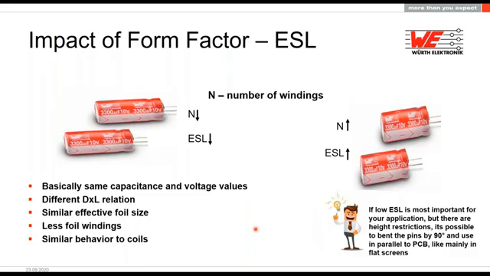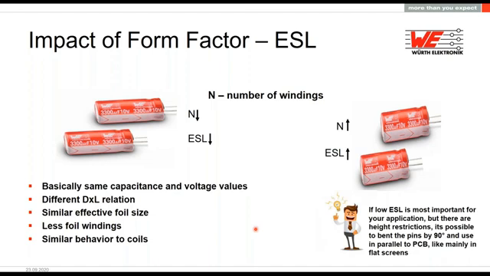So when we decrease the number of windings, we also decrease the ESL. When the surface is not big enough, we have to make more windings, and then the ESL goes high.